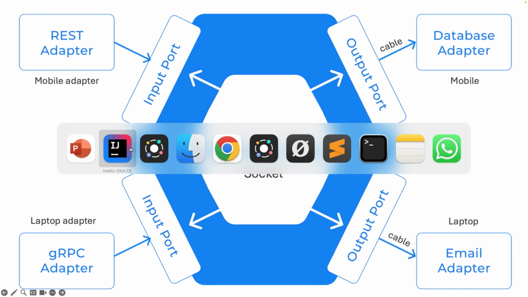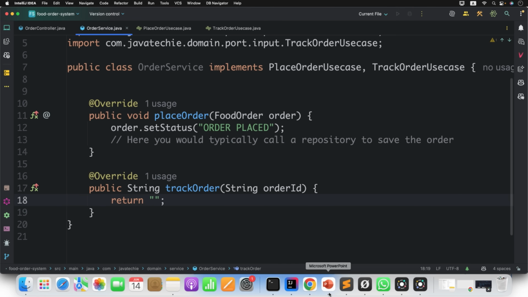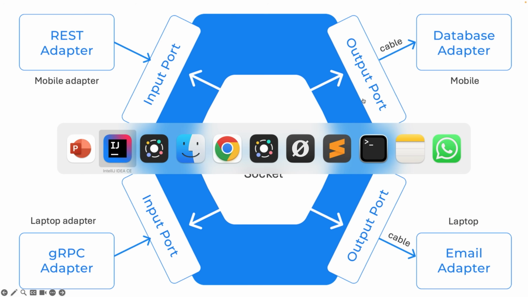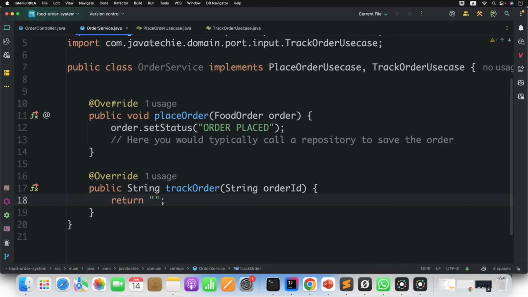Okay, so for that, if you understand here, your business core needs to depend on the output port. The output port is nothing but the dependency for your order service. How you want to play with the order input that you received, that is how you can define inside the output port. Now go to the package structure.